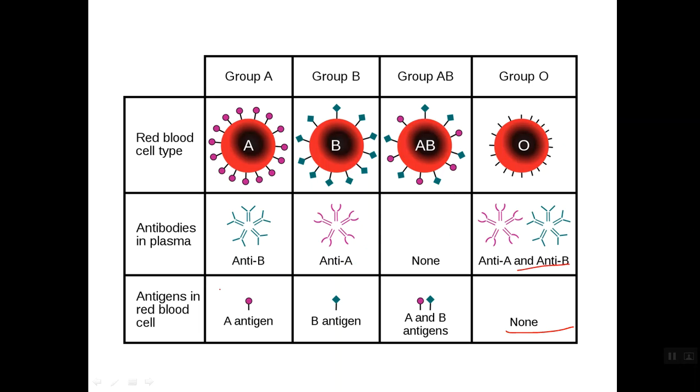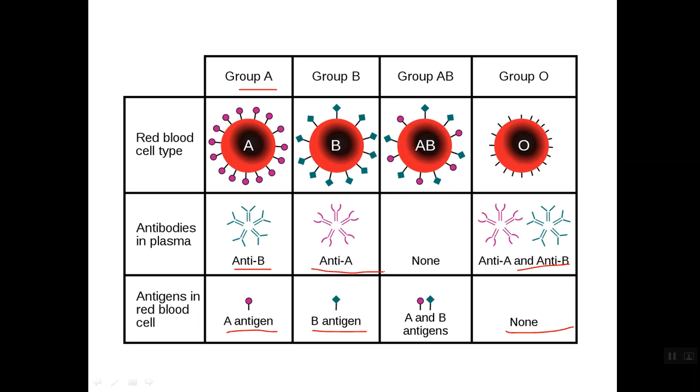So an individual with A blood group has antigen A on the surface of the erythrocyte, and in the blood serum we'll find the anti-B anti-sera. Whereas in the case of group B, on the surface of the erythrocyte we have the B antigen, but the anti-A anti-sera will be there in the plasma or blood serum.